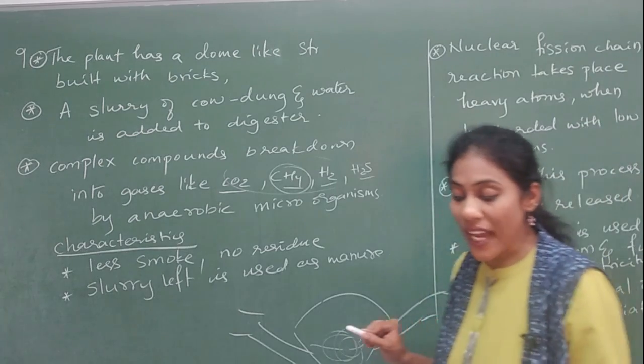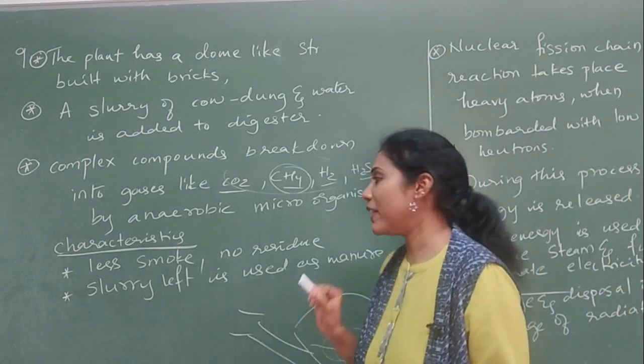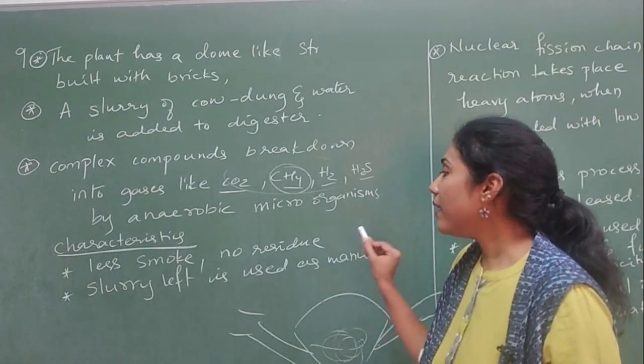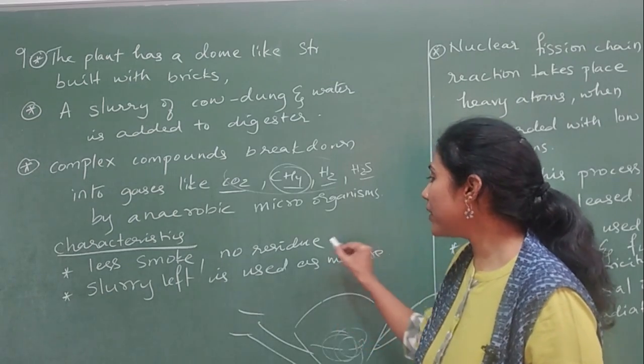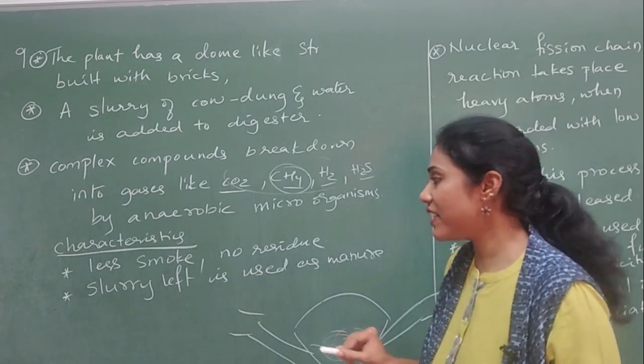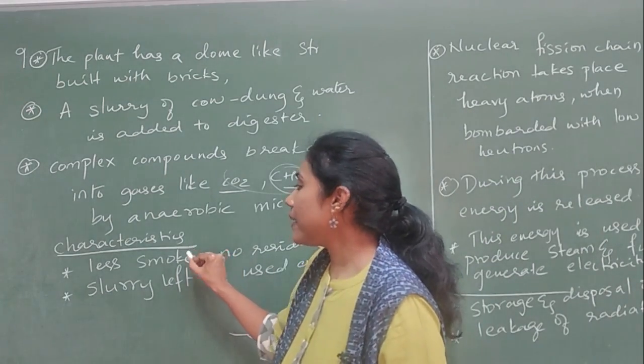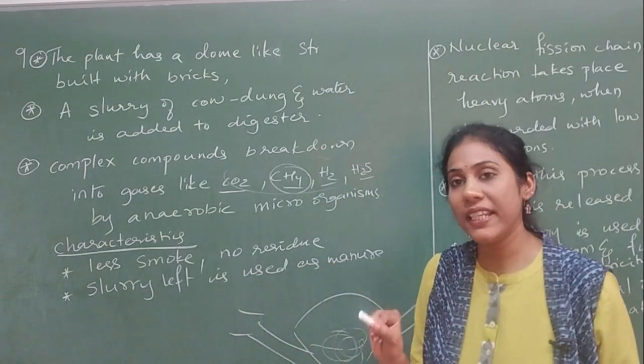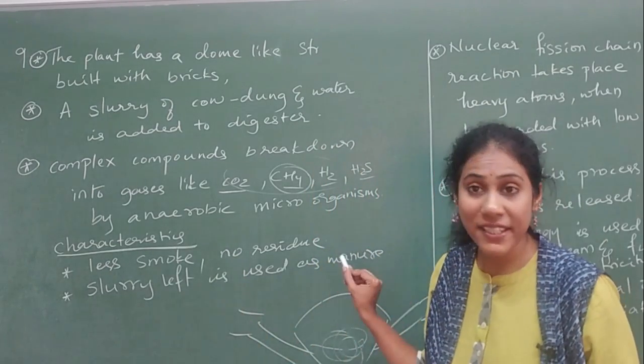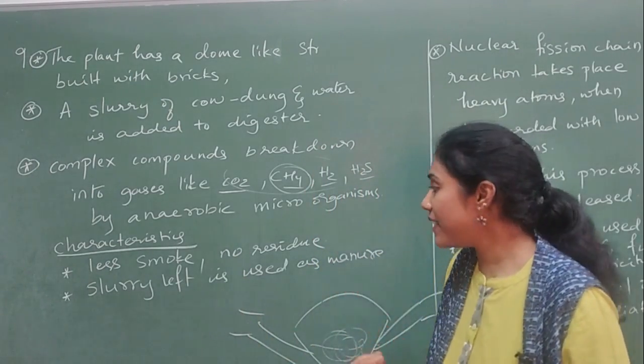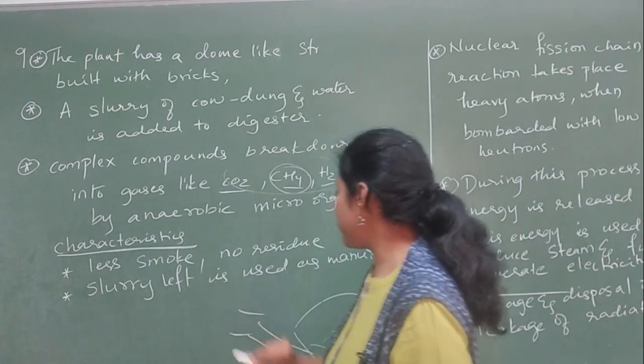And they have also asked you the characteristics of biogas, right? There are so many characteristics. Among them, I have listed 3 here. One is that biogas produces very little smoke and no residue, no leftover things, and the slurry is left.